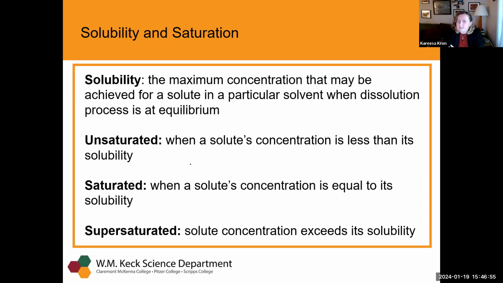If something is unsaturated, it's when our solute concentration is less than its solubility. So we haven't hit the point of maximum concentration that we can for solubility. If something is saturated, then a solute's concentration is exactly equal to its solubility.